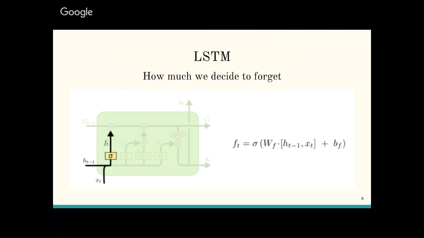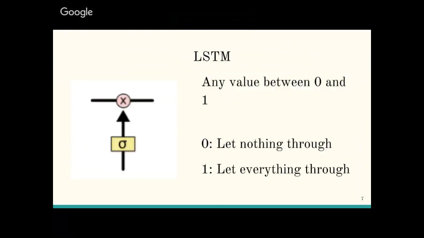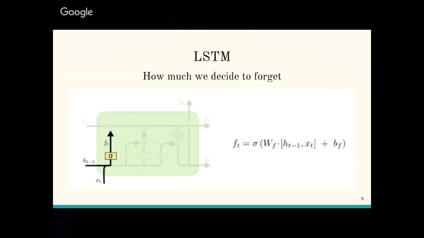And so we have four parts in this cell. The first one is how much we forget from the previous state. Because you have the input and the previous output, by combining them with a dot product, you will have a value.